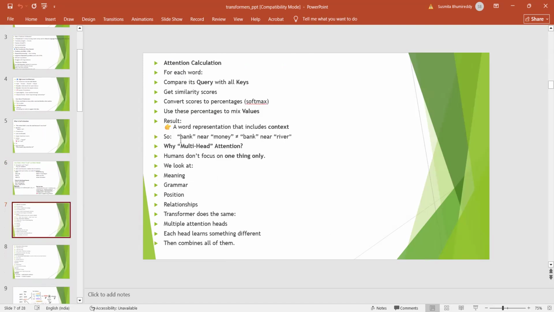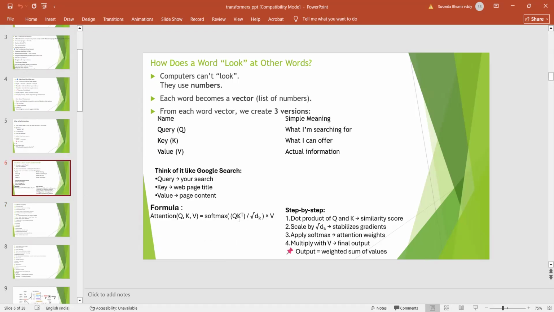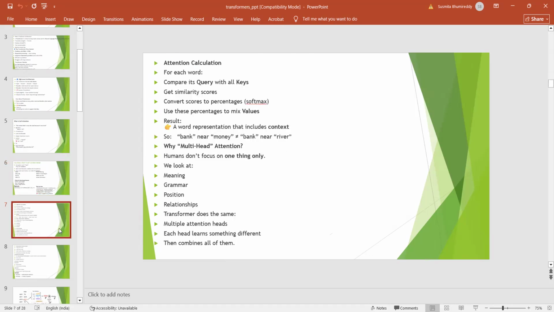So here it is in theoretical format, the attention calculation. For each word we compare the query with all the keys we have, and then we get the similarity scores, Q into K power T. Then we convert the scores to percentages.